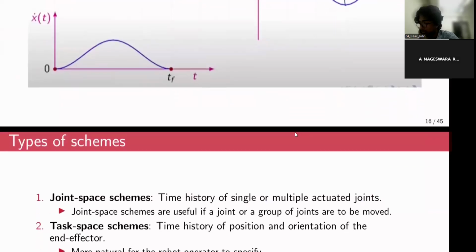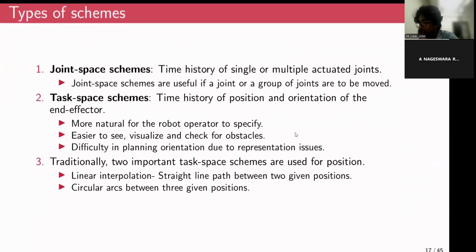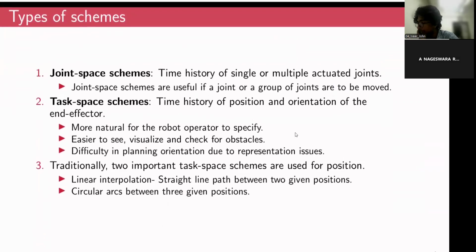All right, so that's about trajectory, and a few more points on how to implement these trajectory schemes. There are two schemes that we can basically have. If you want to deploy this trajectory, you can deploy it in terms of either task space variables or joint space variables. You can generate it as x of t, x dot of t, or x double dot of t.